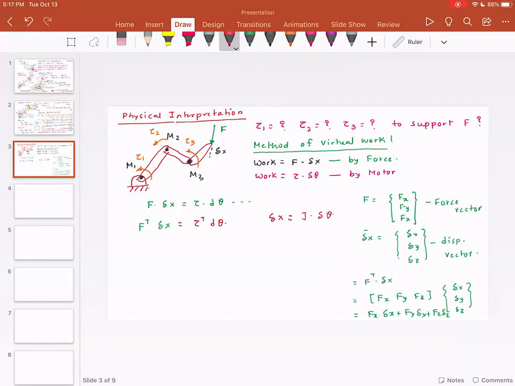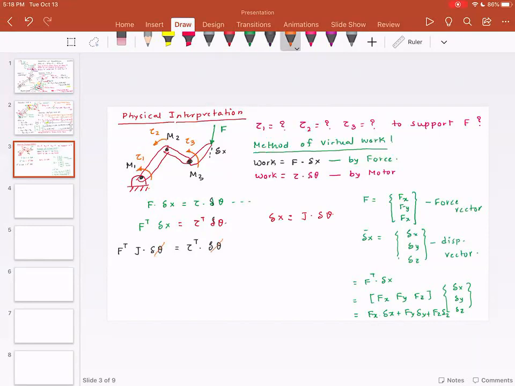And that's what we did again and again. So what we do here is we substitute for F transpose delta x as Jacobian delta theta, which is equal to tau transpose delta theta. And now I can cancel out delta theta, delta theta.